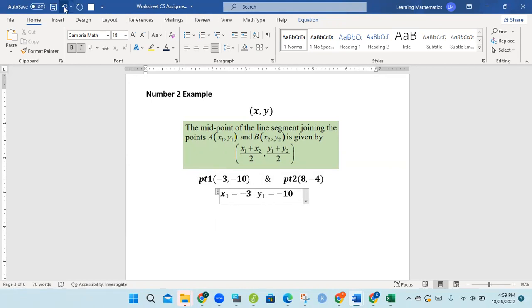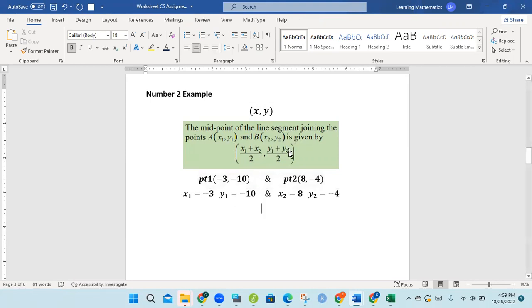And likewise, x2 is equal to 8, and y2 is equal to negative 4. So we can properly substitute now into the formula for midpoint.